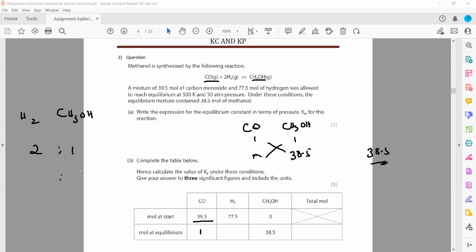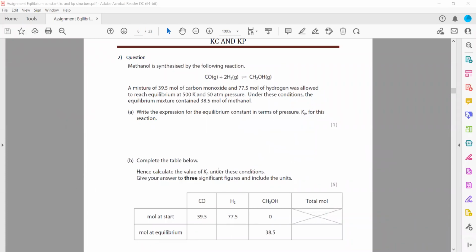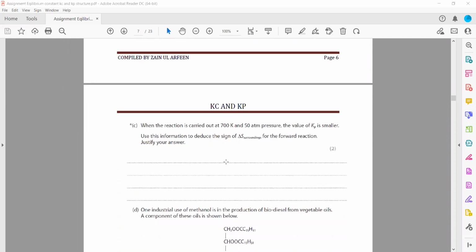So if we have 38.5, this will be X, cross multiply. So 77 moles will have reacted, but we don't need how many react. We need how many are left. Out of 77.5, 77 reacted, so left only 0.5. So 0.5 and 38.5.